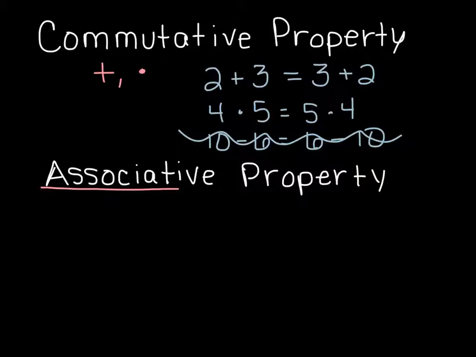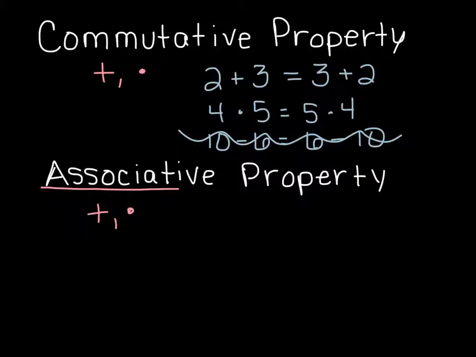It's different than the commutative property. Okay, this is where the 2 comes first and then the 3, and that would change into the 3 coming first and then the 2. The associative property keeps the numbers in the same order, but it changes what pair of them you do first. Okay, and again, this holds true for addition and multiplication.